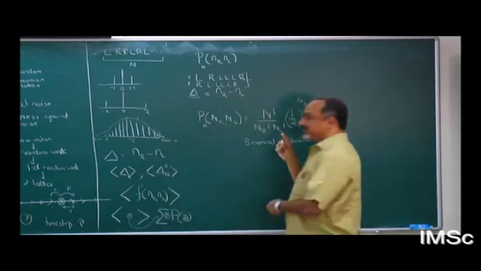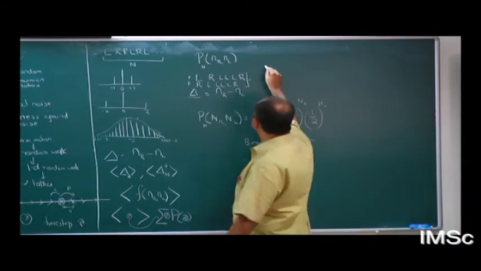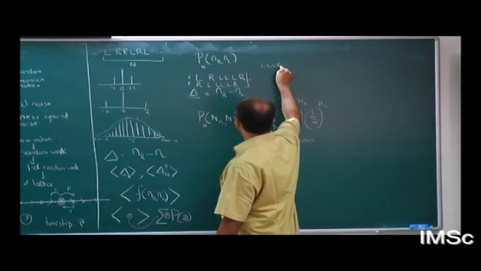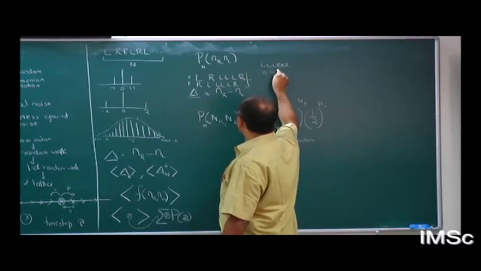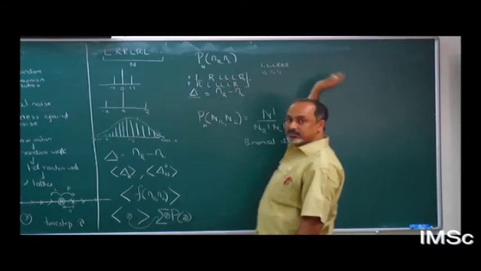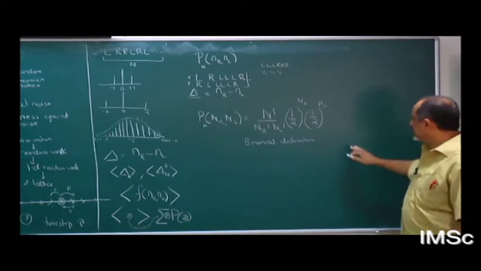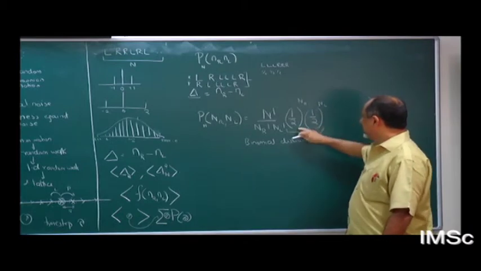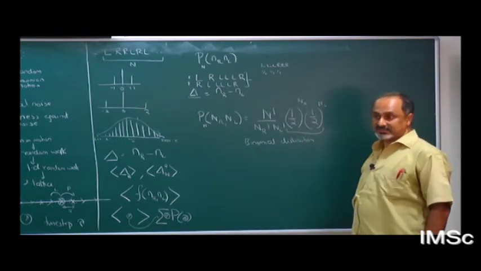So, let us try and understand each one of these terms and where they come from. Remember that if I have n steps, any sequence of left, right, etc., each of these comes with the same probability 1/2. Okay. So, any sequence of n steps, each of those individual steps has probability 1/2. That means that this particular term here, which is where the probability comes from, is the same for every sequence of n steps.